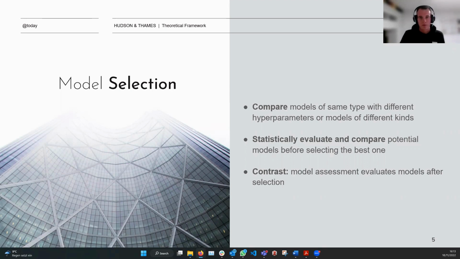And the point of model selection is that when you create a classification or regression predictive model, it's impossible to predict beforehand which model is going to solve the problem best. Therefore, it's necessary to fit a variety of models and to evaluate their performance. And therefore, model selection is the process by which we statistically evaluate and compare potential models before selecting the best one. So in contrast, model assessment involves evaluating a model after it has been selected to convey how well it's anticipated to perform in general. So both evaluate, model assessment and model selection, but at different steps.